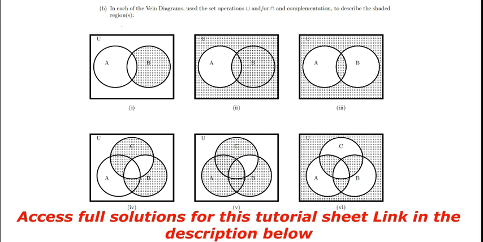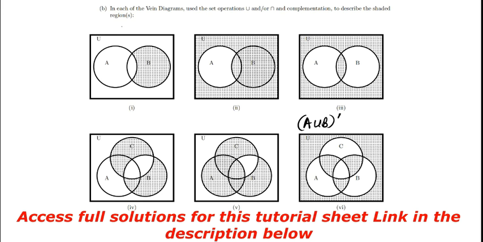But again, this shaded part outside here, these are going to be elements which are not in any of these two sets. So what are we going to say? Elements which are outside the two sets, we're going to say that is going to be A union B, then complement.